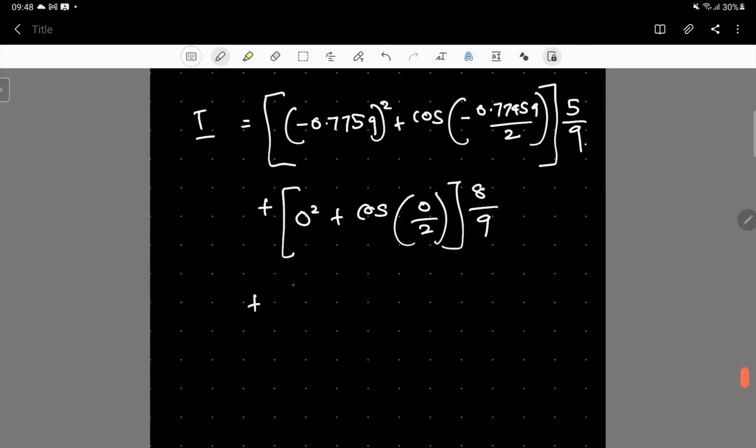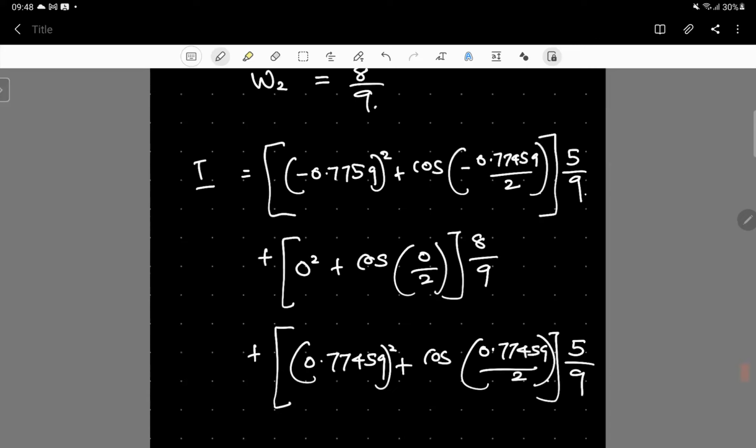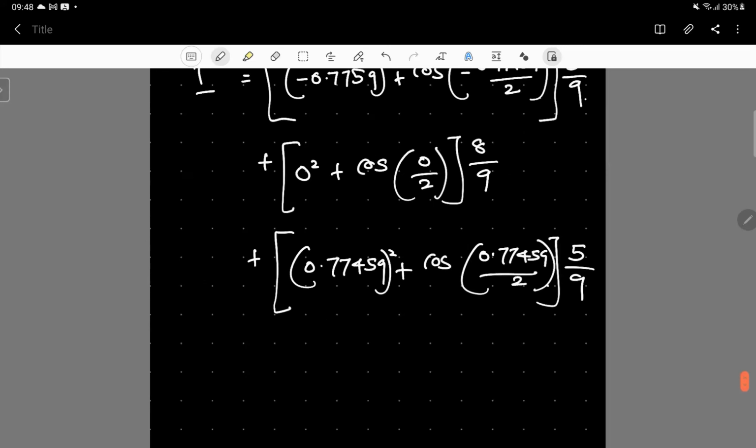And the third term, x3, once you substitute into the equation, is plus 0.77459 squared plus cos 0.77459 divided by 2, which has to be multiplied by 5/9, since the corresponding weight factor for x3 is W3, which is 5/9.